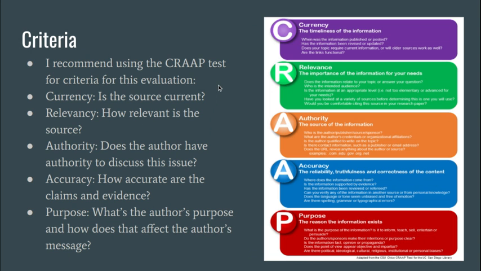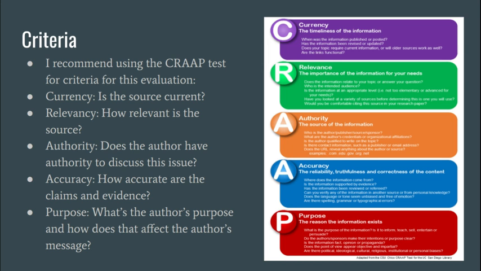So here's my criteria. Remember that currency talks about how timely this information is. Relevance talks about the importance of it. So how relevant is this? Authority refers to the author and the source. So, how authoritative do I find this particular source? Are they credible? Accuracy looks at how accurate the information provided is, right?